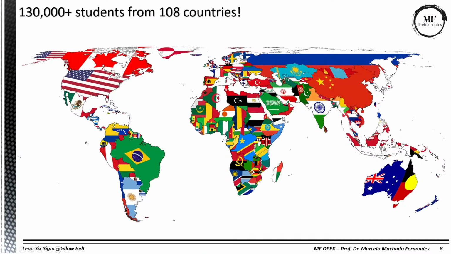And by the way, we have just passed the mark of 130,000 students. So, believe it or not, you guys are part of an important list of more than 100,000 students, and from all different sectors.